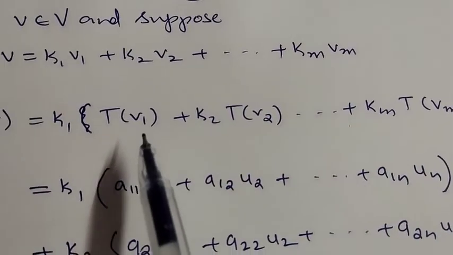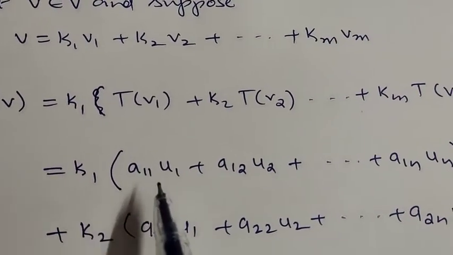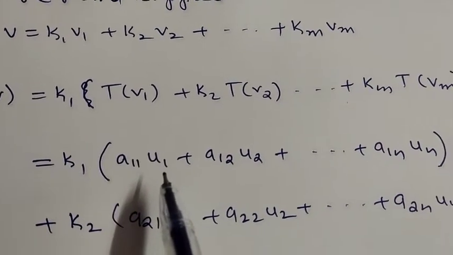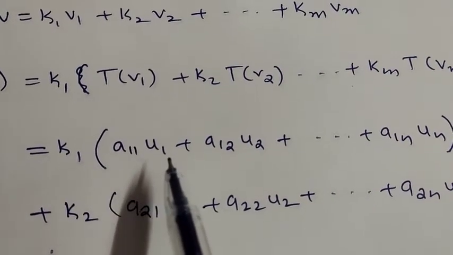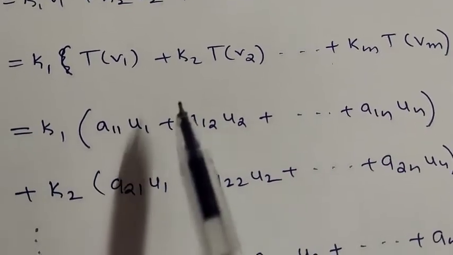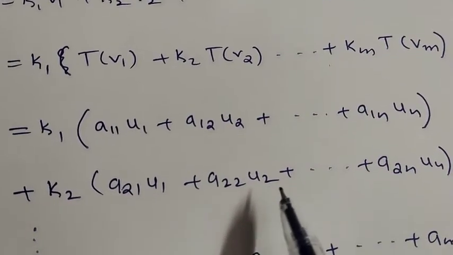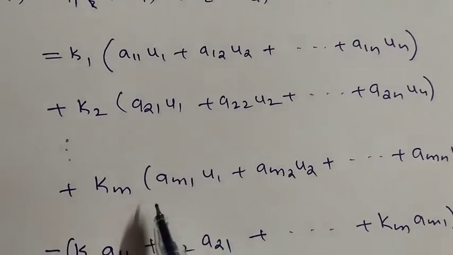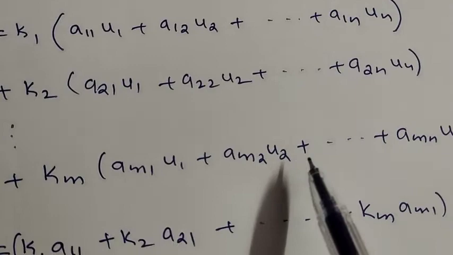Each of these T of V1, V2, etc. is again an element of U, therefore a linear combination of basis elements of U. So k1 into (A11 U1 plus A12 U2 etc. plus A1n Un), plus k2 into (A21 U1 plus A22 U2 etc. plus A2n Un), and so on. The last term is km into (Am1 U1 plus Am2 U2 etc. plus Amn Un).